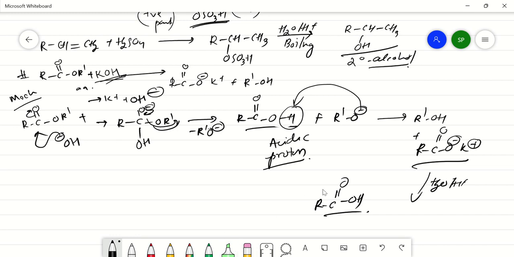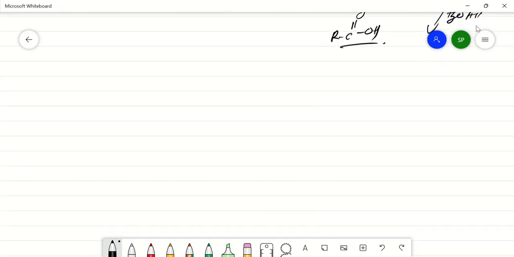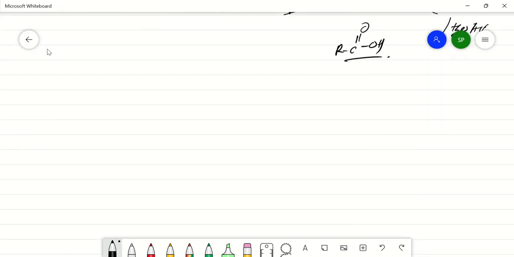The next step, we will see how you can produce alcohol from primary amines.